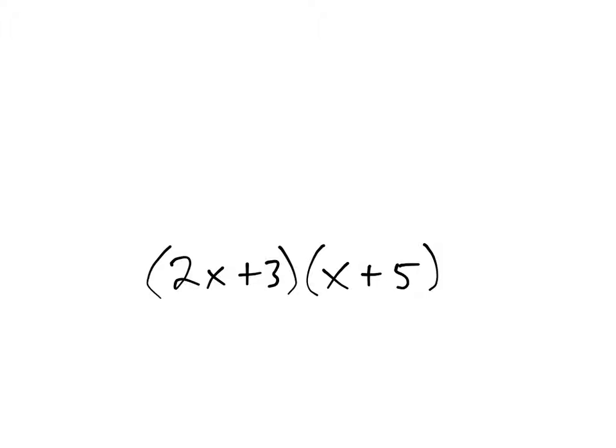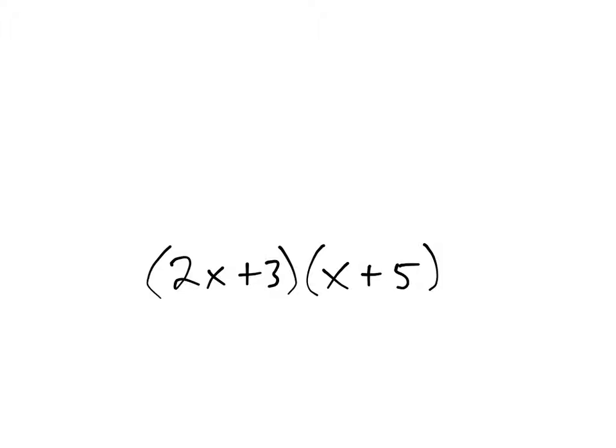I will. But I'm not going to call it just distribute. It's going to multiply 2x times x and 3 times the 5. But that's not all. I'm going to call this double distribute, because I'm not distributing just once, I'm distributing twice.